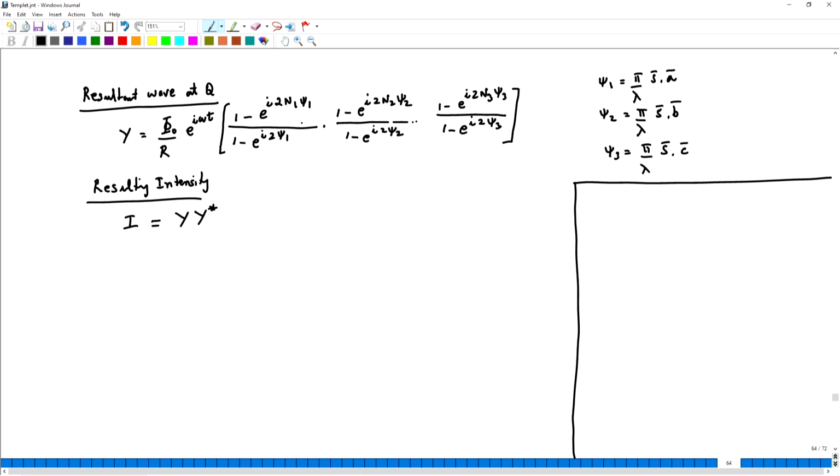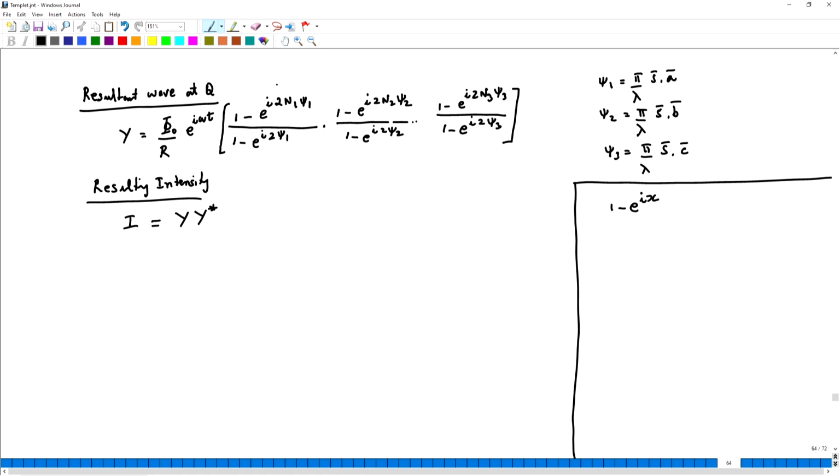Let us consider each of these terms separately. All of these terms, whether you look at the numerator or the denominator, are of the form 1 minus e to power i 2x.